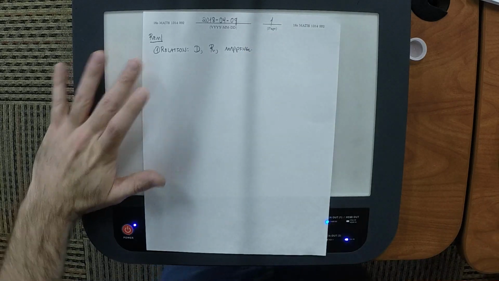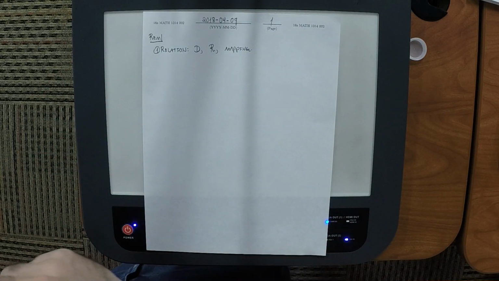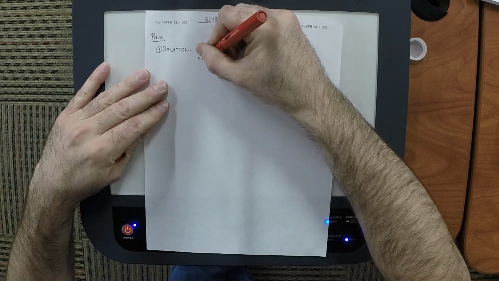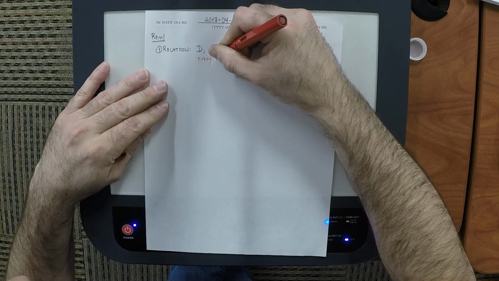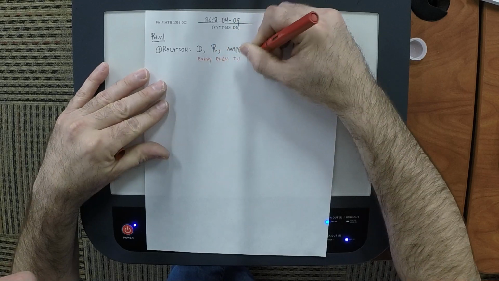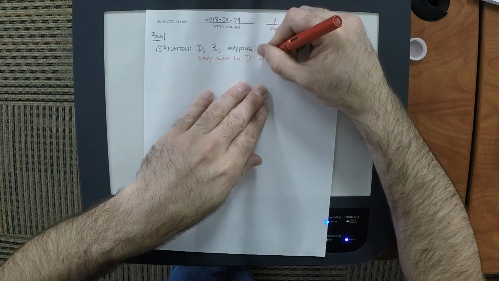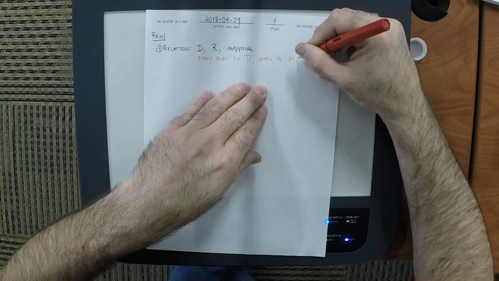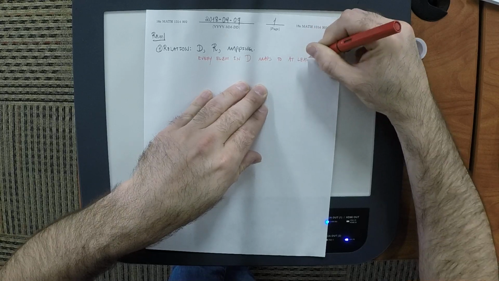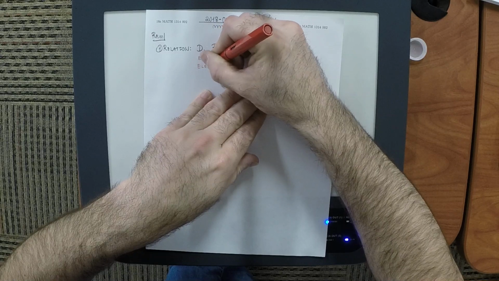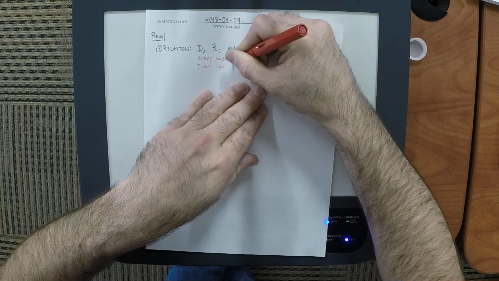And really, the only requirement is that every element in the domain maps to at least one element in the range.